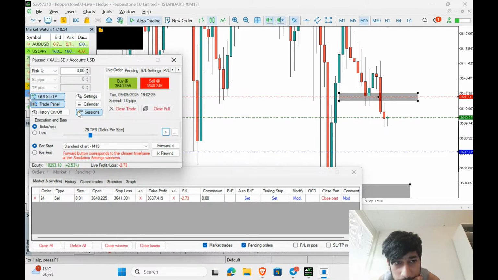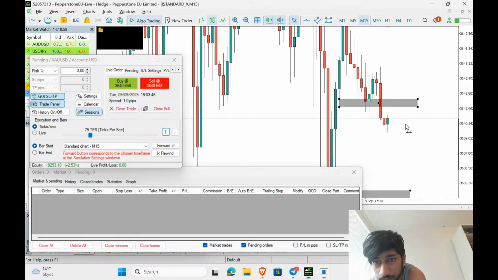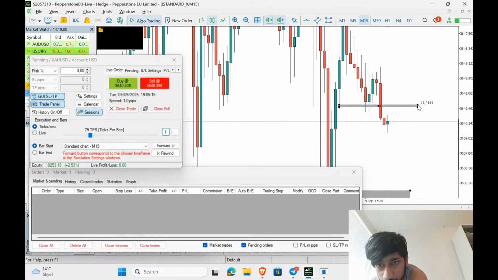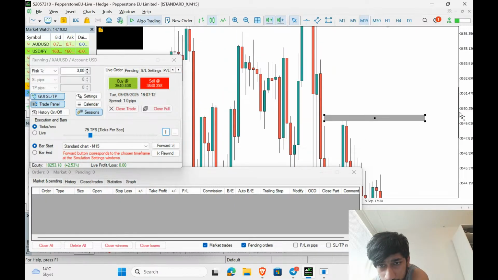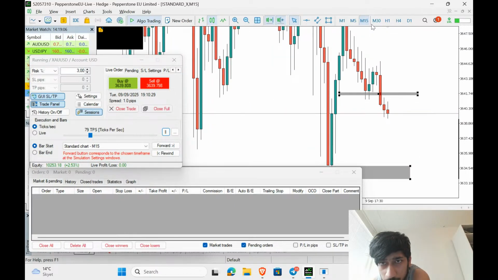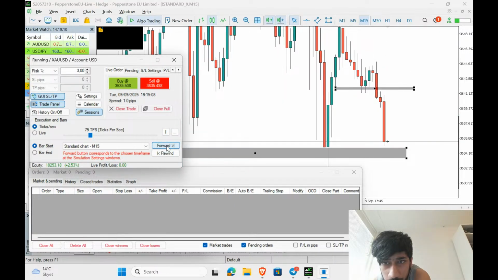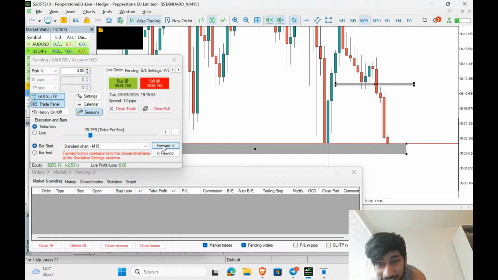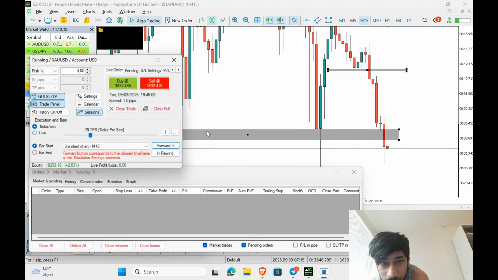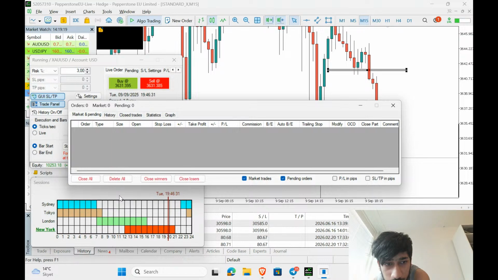I'll close my trade because I don't want this to come and hit my stop loss, because this was a wick bullish and it made no sense for me to wait. It's fine even if it goes to my take profit just like this. It's fine, brother. What's the time? Oh, we are past our time.